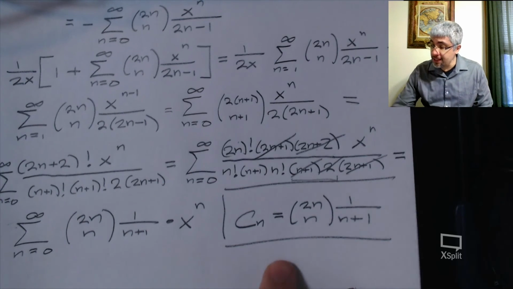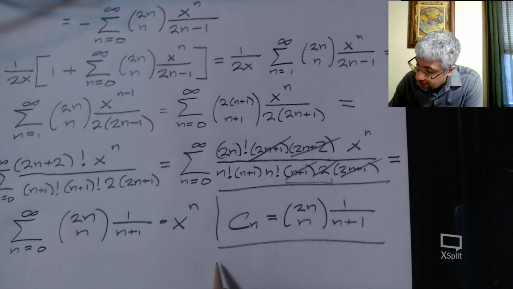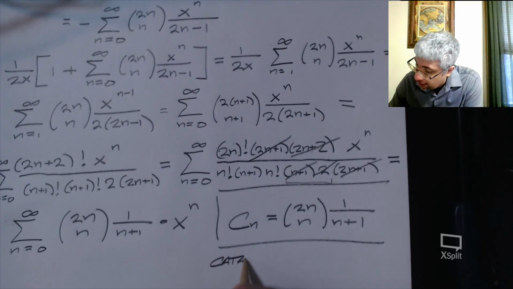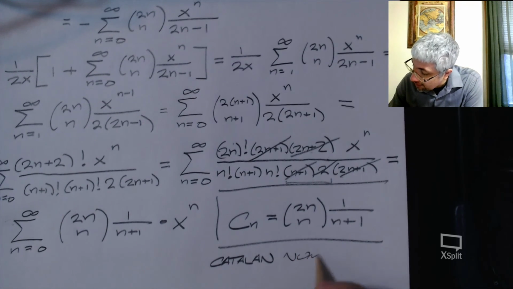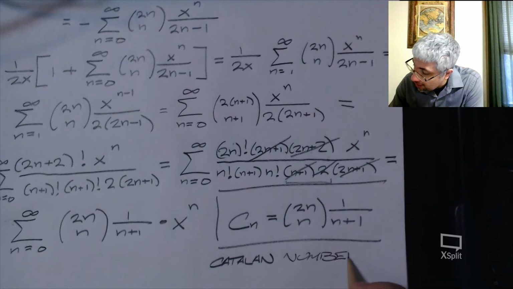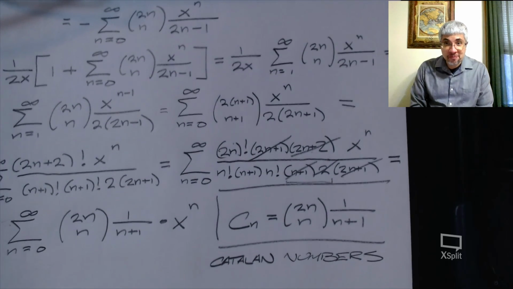They all have this same answer, and this sequence is called the Catalan numbers. Of course, originally created by a Chinese mathematician named Ming, because none of these sequences are actually named after their creators. But Catalan did discover it later.